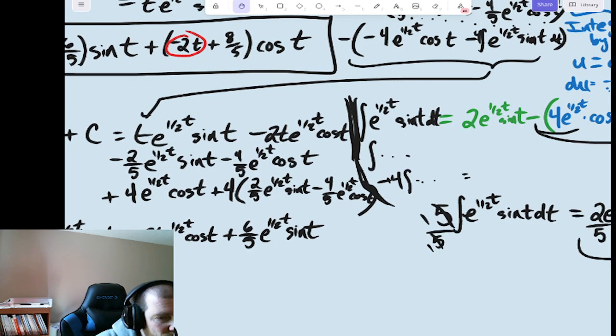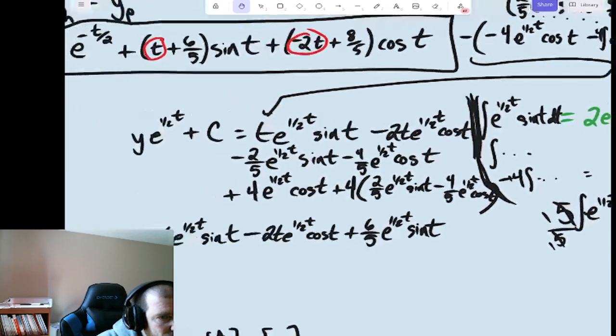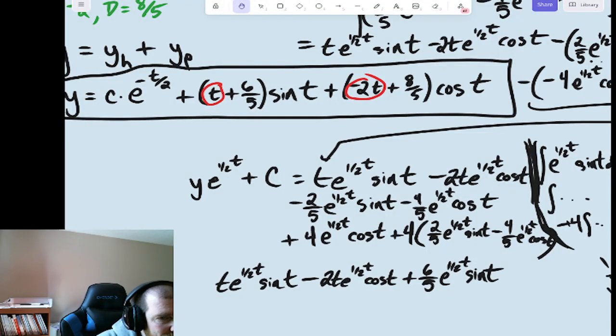It's got to be something just with the cosines. It's supposed to be an 8/5, not a 0.